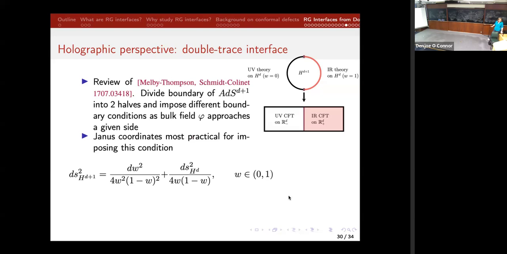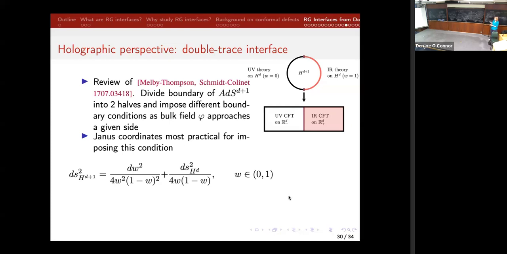The practical way that they did this was to use Janus coordinates. The way Janus coordinates work is like the pages of a book, where you can think of the UV theory, Weyl rescaled, on one slice, the front page of the book, versus the IR theory on the last page, and each slice in between is H^D.